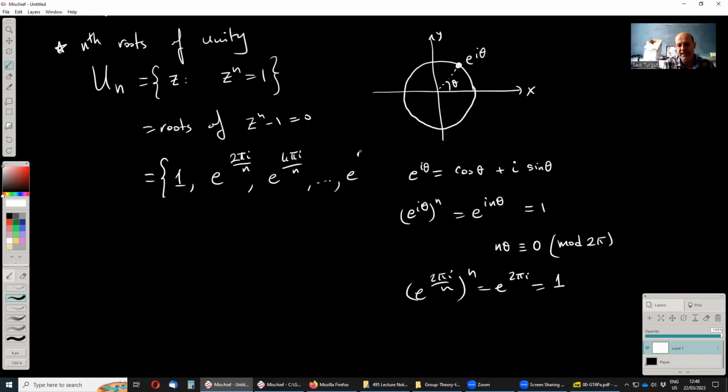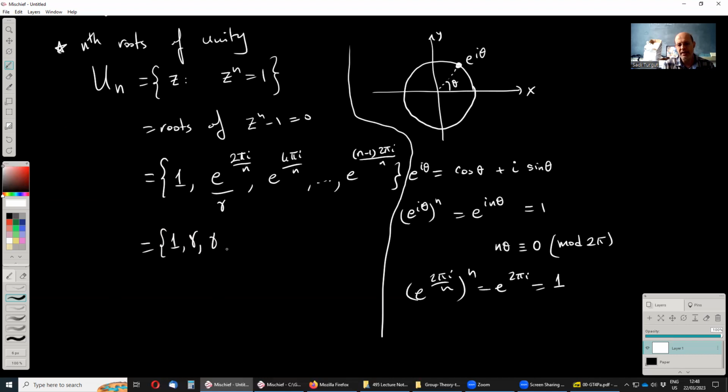The last one is n minus 1 times 2 pi i over n. So if I call this number gamma, then this is gamma squared up until gamma to the power n minus 1.